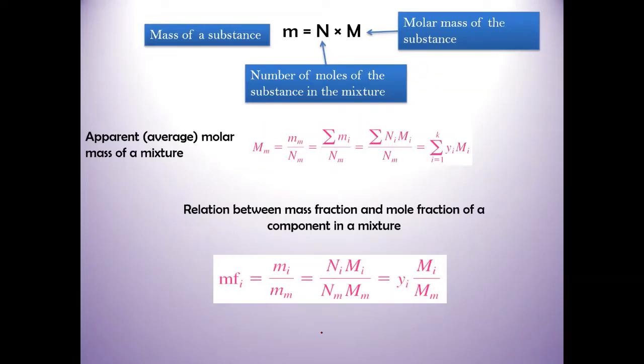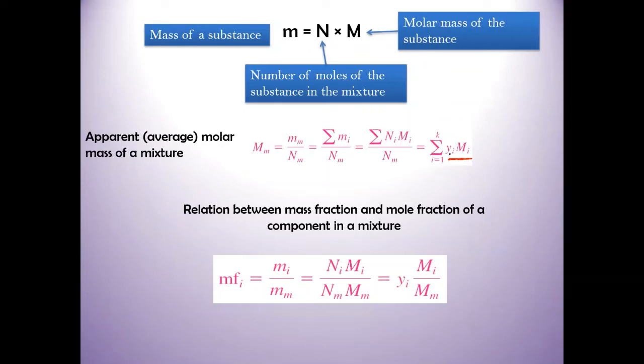So the apparent or average molar mass of the mixture is calculated when you multiply mole fraction of each component. i stands for the component index in a mixture.